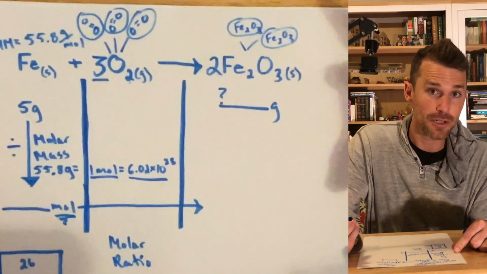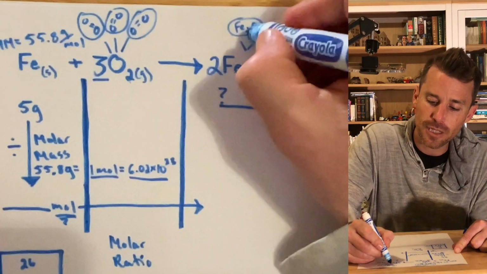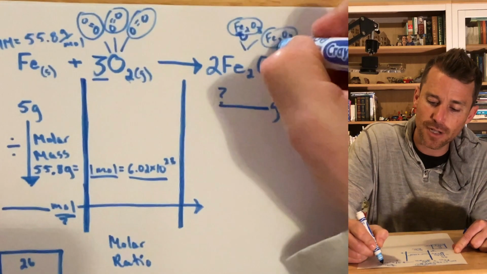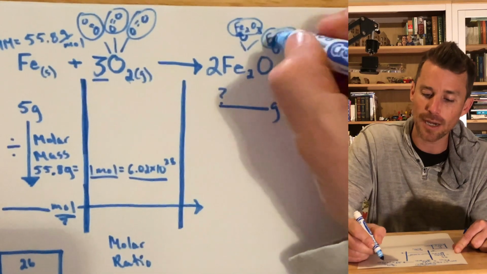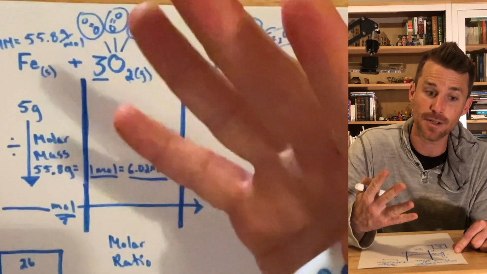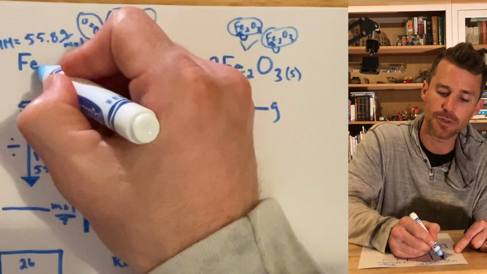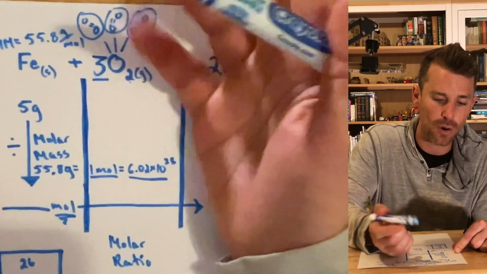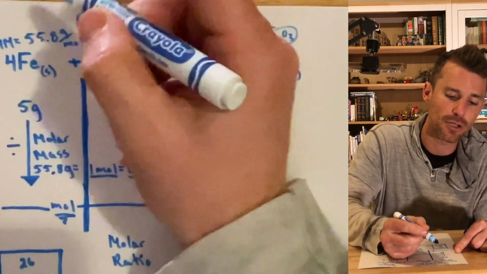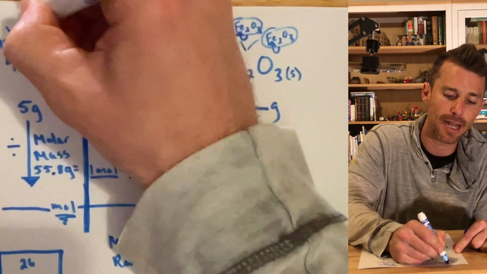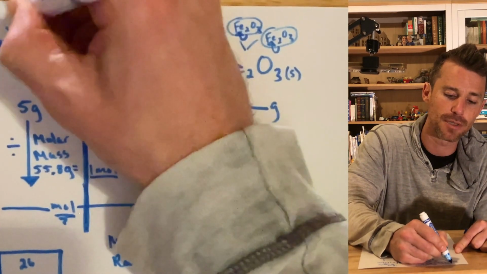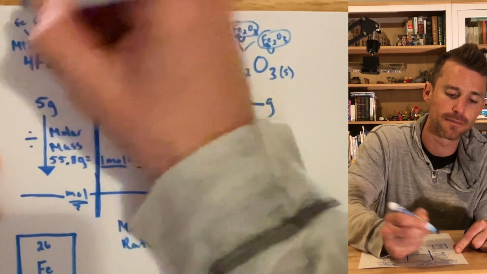Now, how many irons does that mean I have? These 2s are each referring to the iron, so I have 2 irons and 2 irons for a total of 4 irons. So right over here, where there's no number, I need to put a 4 out in front. That tells me I have that iron 4 times for this reaction to happen.